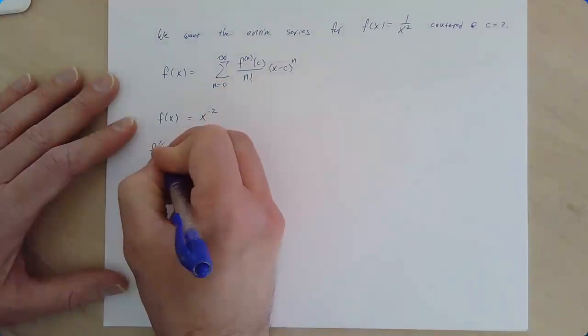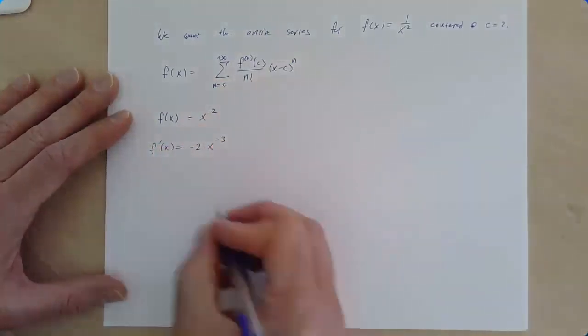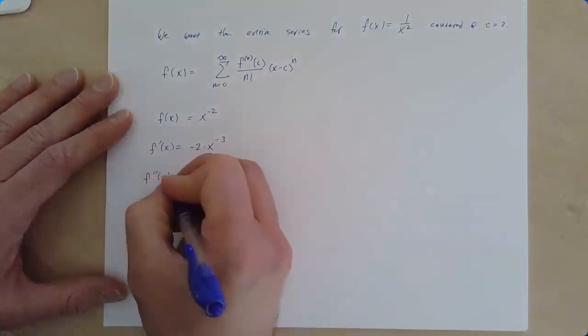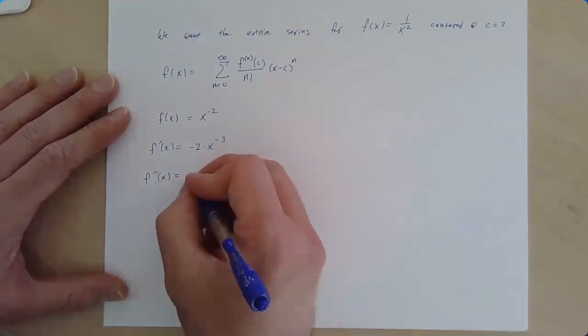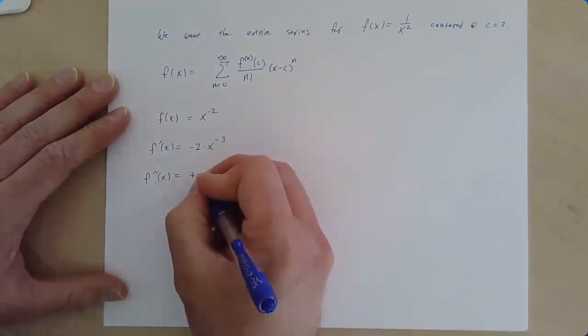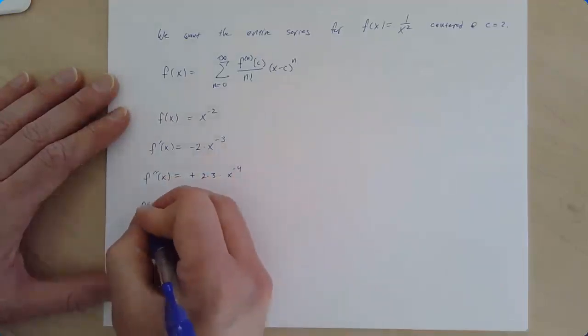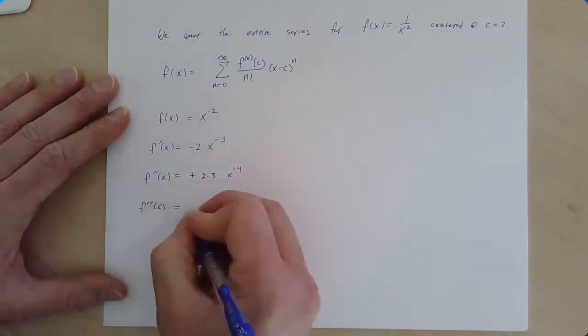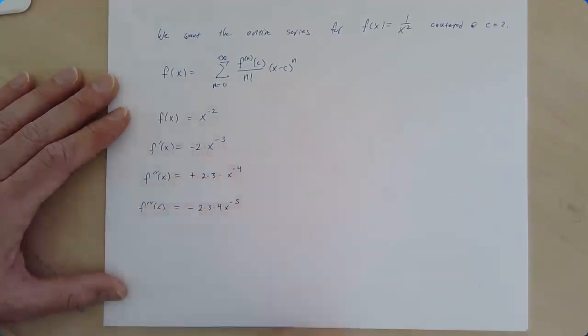Our first derivative is -2 times x to the negative third. Our next derivative, I'm not going to write 6, I'm going to write 2 times 3, so it's positive 2 times 3 times x to the negative fourth. And then the third derivative is -2 times 3 times 4 times x to the negative fifth.